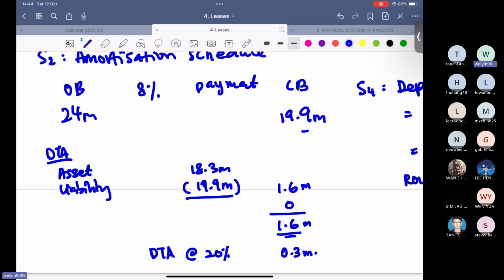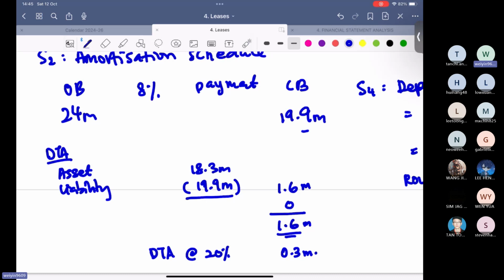So next, ROU asset. So ROU asset of 24.4 million shall be recognized in the financial statement. This amount comprises the 24 million of the present value of lease payment, which is not yet paid, plus the initial direct cost incurred in the setting up of lease, which is 0.4 million. The asset should be depreciated at the earlier of the end of the useful life, 4 years, or the lease term, which is 5 years, unless the legal title is transferred to the lessee at the end of the lease term.